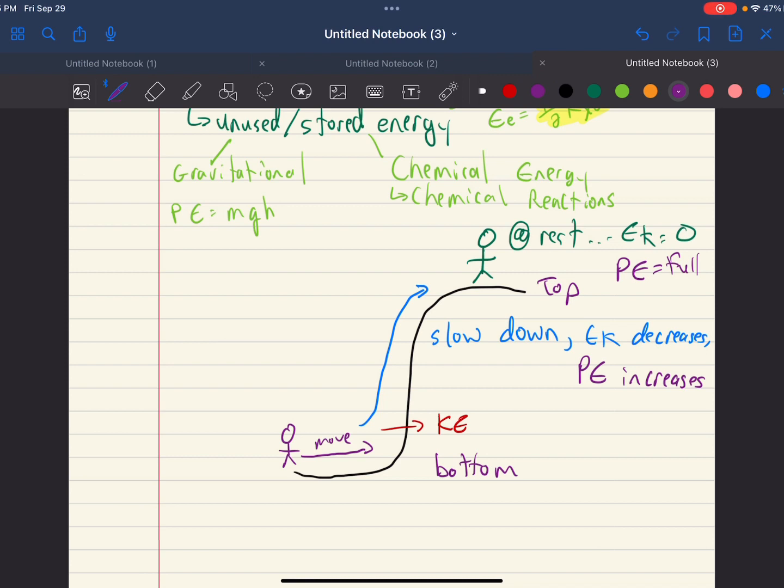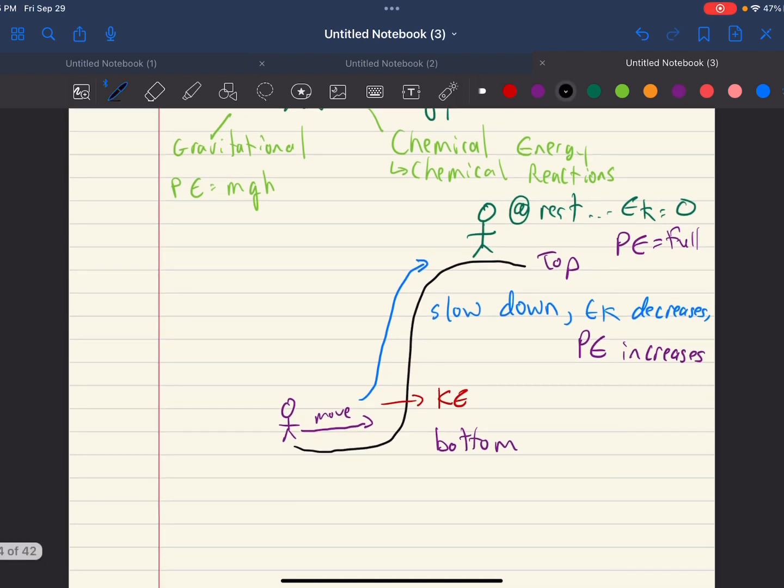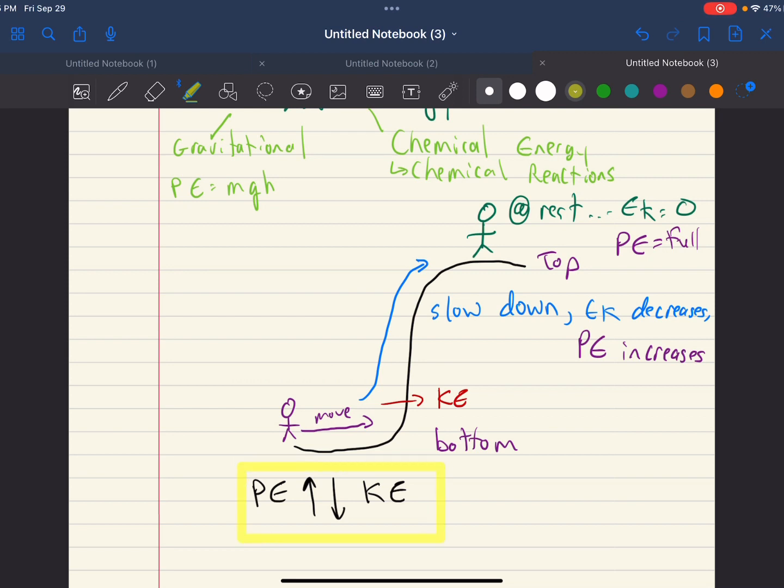So what we want you to understand is that potential energy and kinetic energy are inversely proportional. So as you increase in potential energy, your kinetic energy decreases. And that's a vice versa process. So as I increase in kinetic energy, I'm going to decrease in potential energy.